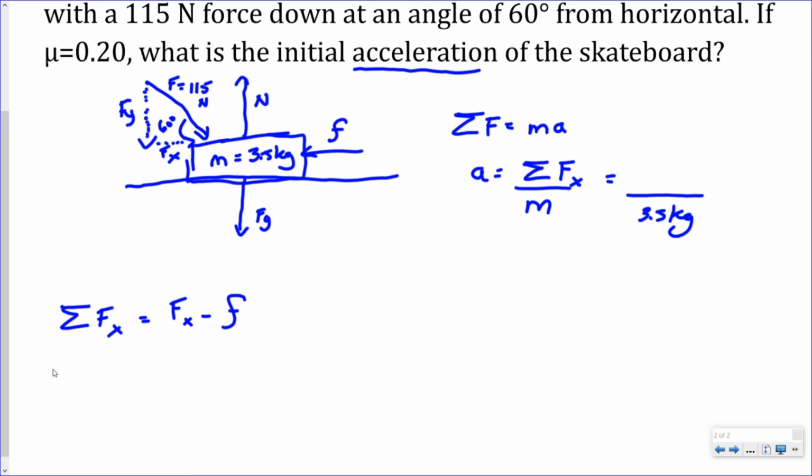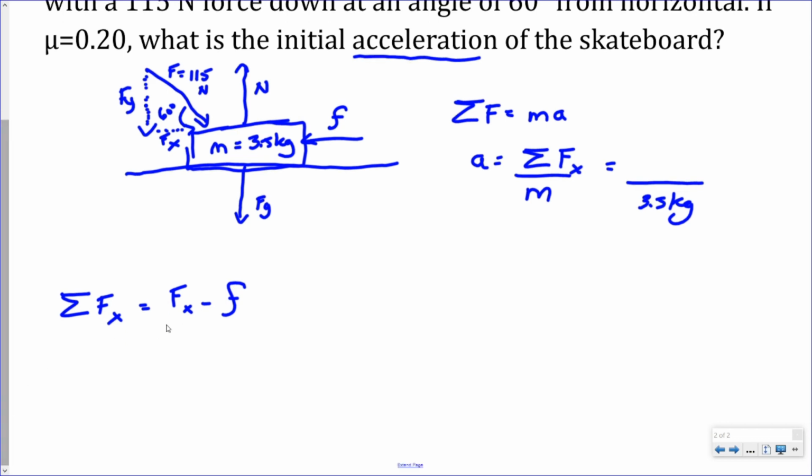Okay, can we find either of these right away? Yeah, we can find Fx. If we label our triangle here, here's my angle, this is opposite, this is adjacent, here's hypotenuse. So we're using adjacent and hypotenuse, which is cosine. When we rearrange, we'd say cos theta equals adjacent over hypotenuse.